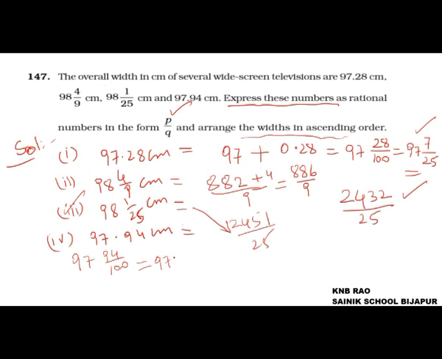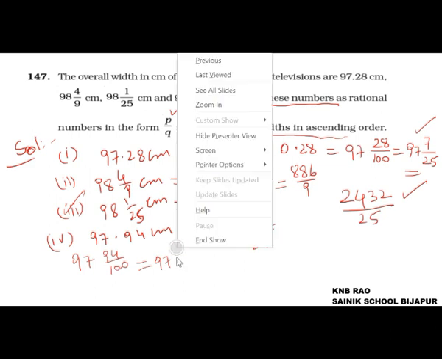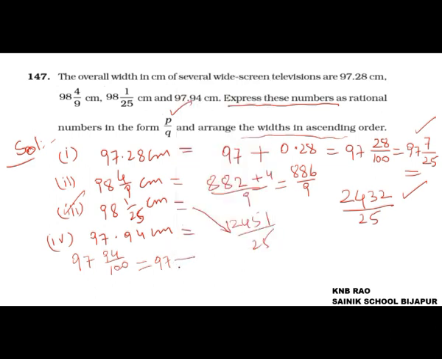After cancellation, it becomes 47 by 50, so 97 integer 47 upon 50 is its mixed fraction. If you want it in proper fraction form as p by q only, 4897 upon 50. This is 97.94.